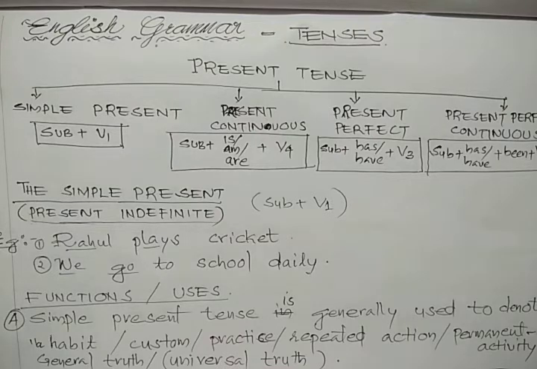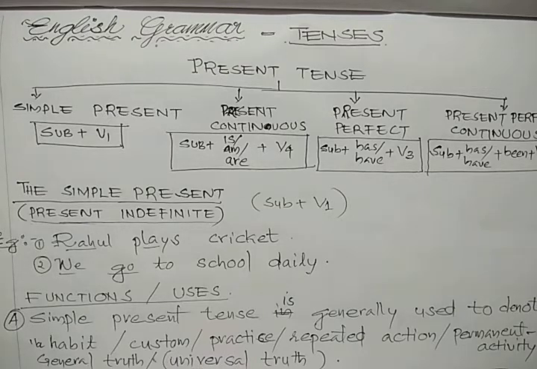So here the first one, simple present, it is having the structure subject plus V1. Second one, present continuous, structure is subject plus is or am or are plus V4. Present perfect, subject plus has or have plus V3 form.